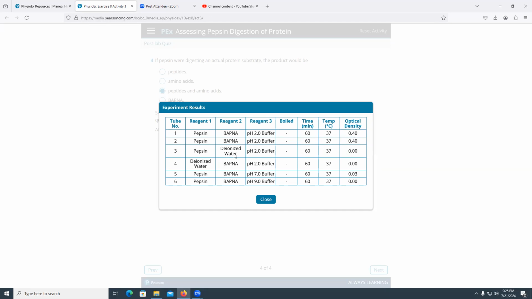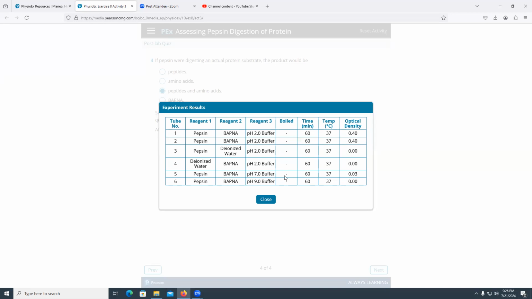Everything else: tube 3 has no substrate, so it's 0 optical density because the reaction never went to product. And here the reaction never went to product because I do have a substrate but no enzyme, so I got a 0. Here I have a subliminal reaction that happened. I do have my pepsin enzyme and my substrate, but my pH is 7, so I have a little bit of reaction that happened.